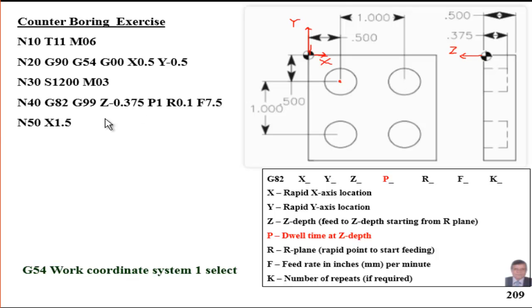As we mentioned before, any CAD cycle is a modal cycle. Modal means once the tool and the spindle are moved to a new position, it will create the same cycle again. So when the tool moves to 1.5 from the 0 point, it will repeat that block again, similarly, because G82 will be active here as well.